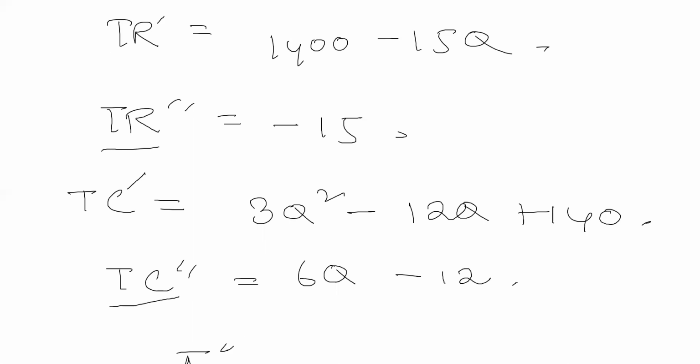My bad again. So I'm erasing this and I'll be doing it on a fresh page. So in order to identify the profit, we need to subtract the total cost from the total revenue. Okay.